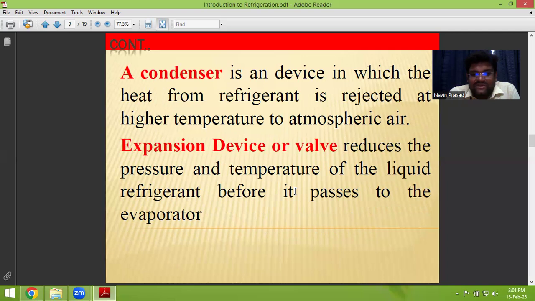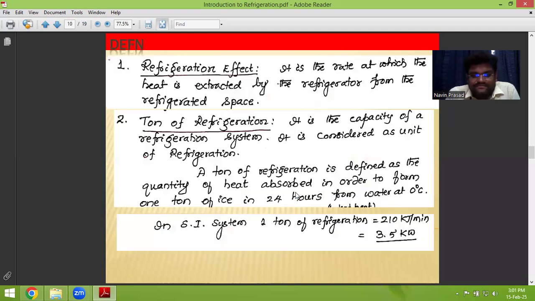The expansion device or valve reduces the pressure and the temperature of the liquid refrigerant before it passes to the evaporator. When coming out of the expansion valve, the refrigerant is completely cooled before it enters the evaporator.